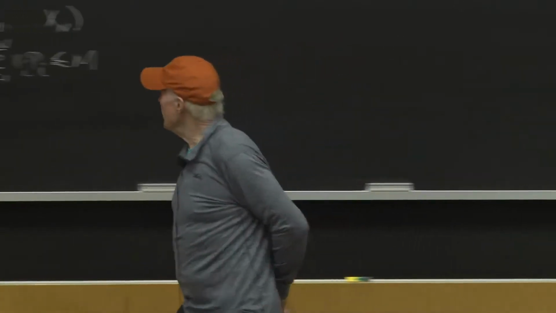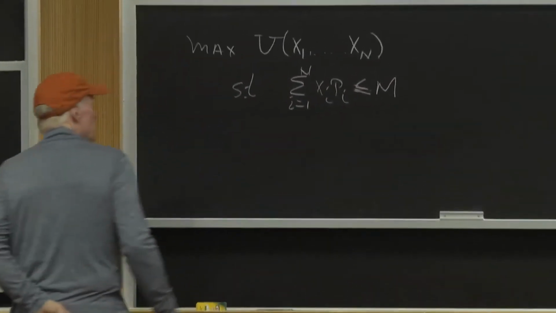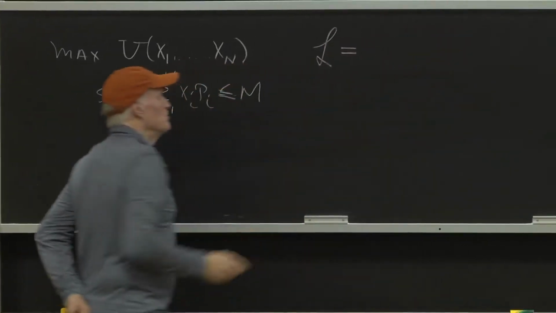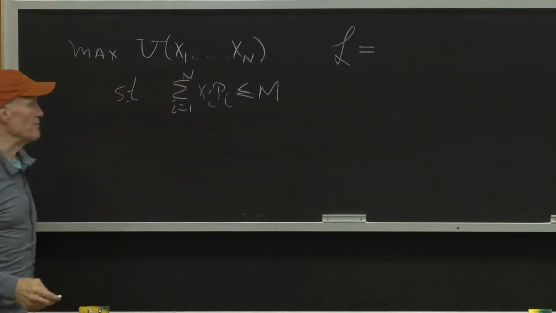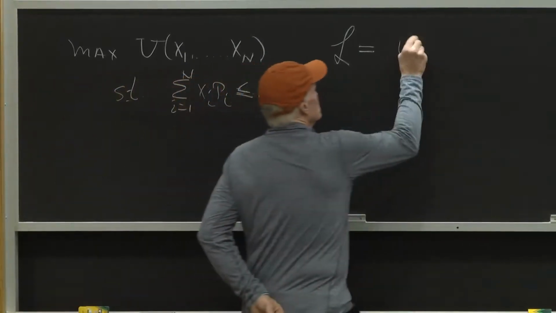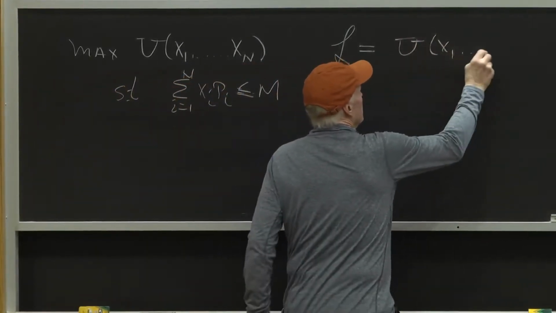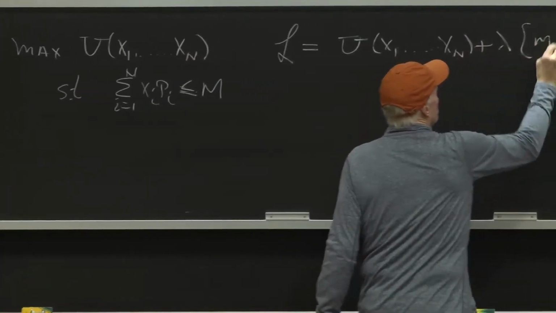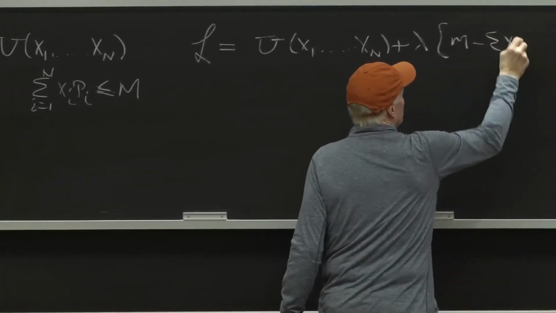Anyway, that's going to be our problem. We set up the Lagrangian for this, which is a simple technique for constrained optimization. And that was just u of x1 up to xn plus lambda times m minus the sum of the xi pi.